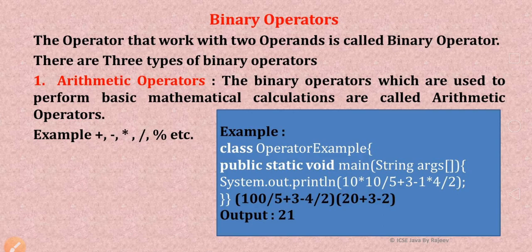So let's start with the second type of operators, called binary operators. The operators that work with two operands are called binary operators. These are further divided into subtypes. The first one is the arithmetic operator.